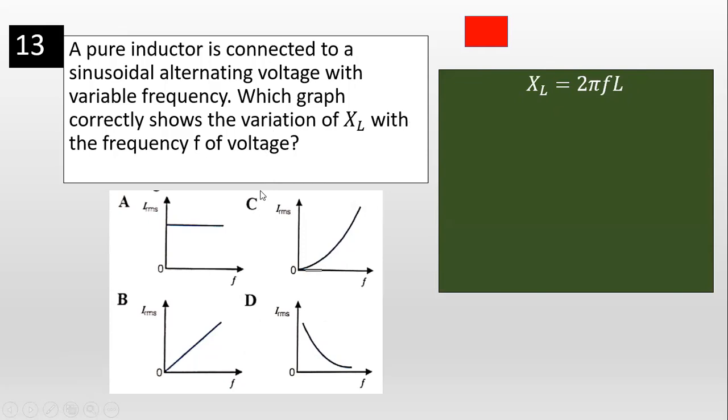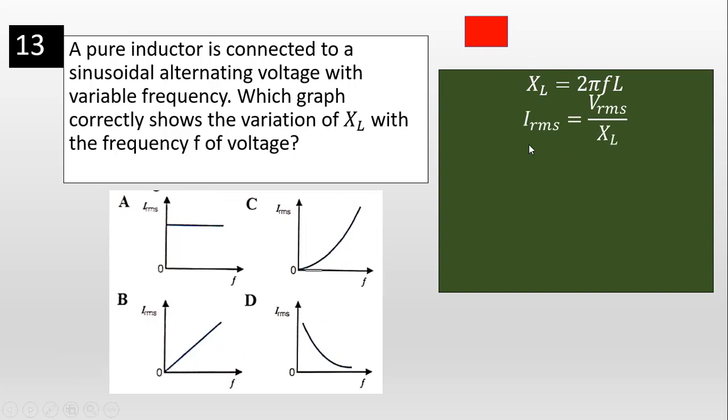I think this question is a bit distracting. Here they ask which graph correctly shows the variation of XL with frequency, but here they give you current. So it's the fault of the examiner, and by right, they shouldn't penalize you. Of course, they can argue this is root mean square current. So if it's XL, then this is the answer.